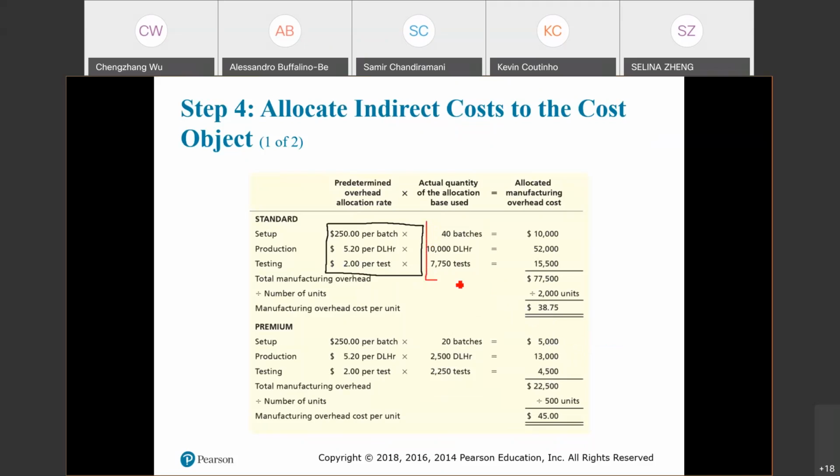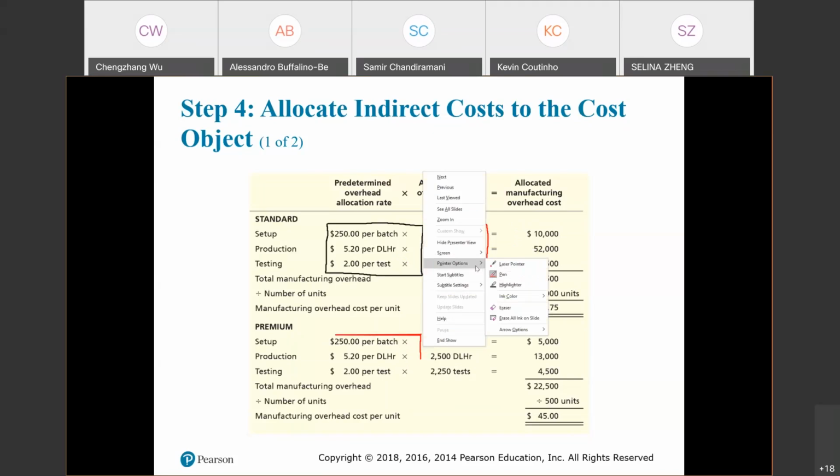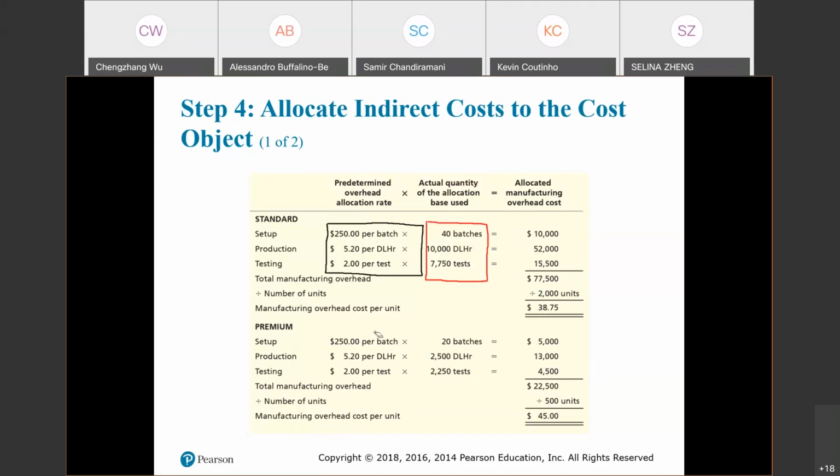For the red part, it is the estimates information derived from step 2, and we multiply them together. Similarly, we do the same thing on the premium model.